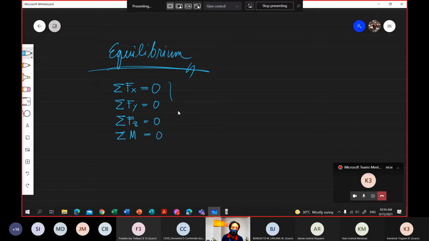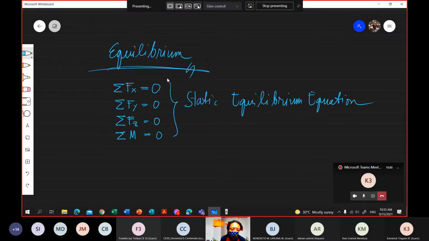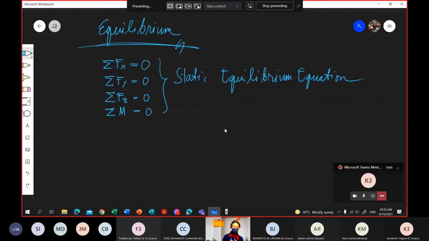And these four equations, we call them the static equilibrium equations. So if these four are satisfied, only then can you say that your structure is in a state of equilibrium.